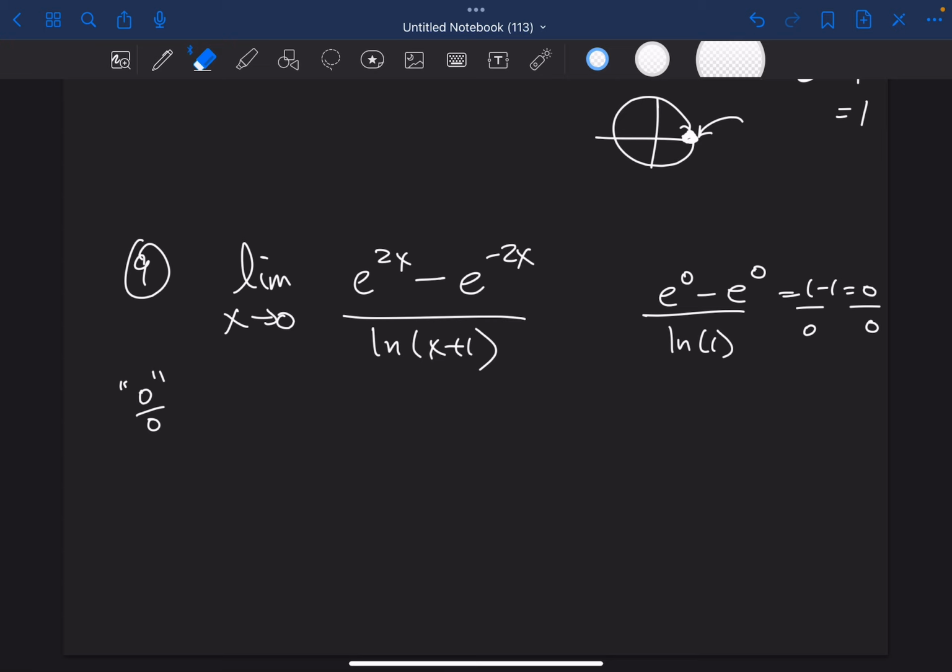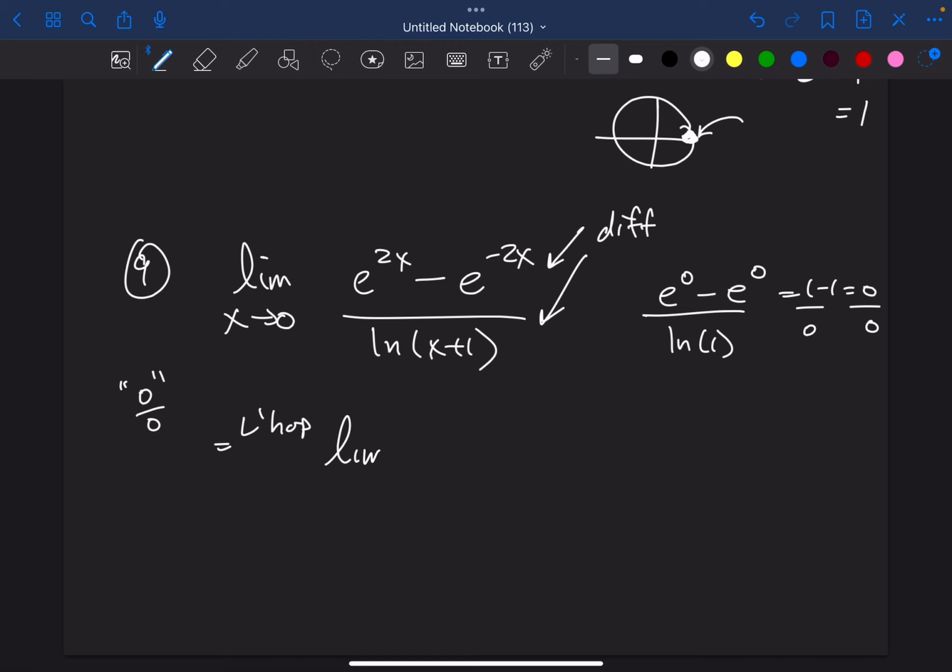So since both of those are nice and differentiable near 0, L'Hopital's rule applies. L'Hopital's rule says that we just take the derivative on the top and the derivative on the bottom. So we get 2e to the 2x plus 2e to the negative 2x all over 1 over x plus 1, which is not nice, but it works.